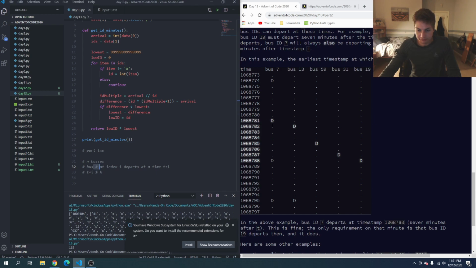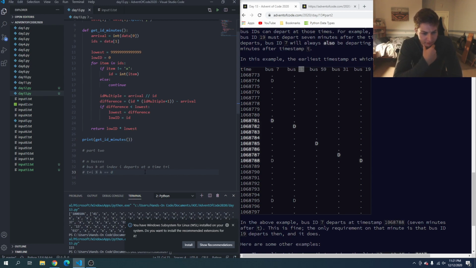So for example, this number is a multiple of 13. This number would be a multiple of 59, and so on. Because this ID represents our k value, because it's bus k. I don't know how that helps us yet, but we know that that's going to be equal to 0.